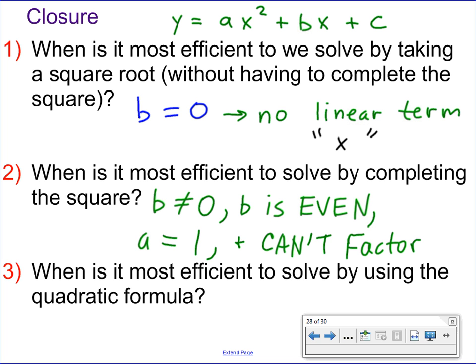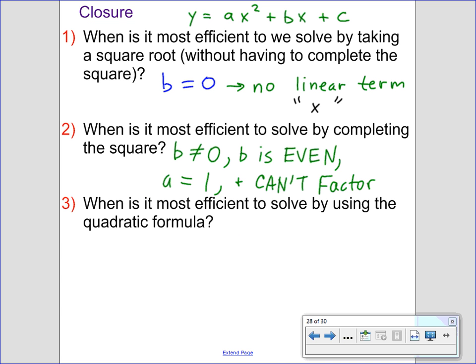Lastly, if b doesn't equal 0, but it's odd, and a doesn't equal 1, like it's 2x squared or 3x squared, and I can't factor, then I'm going to go ahead and use the quadratic formula. So let's go ahead and summarize that.